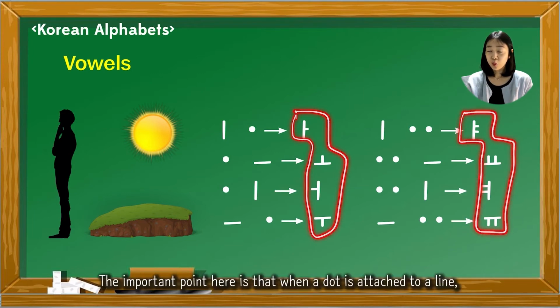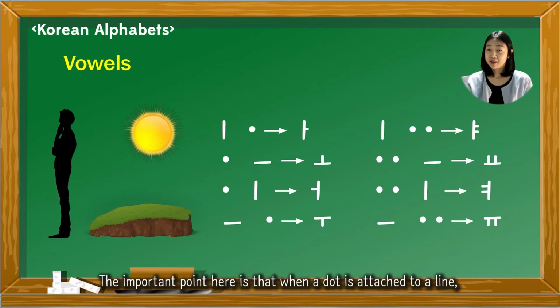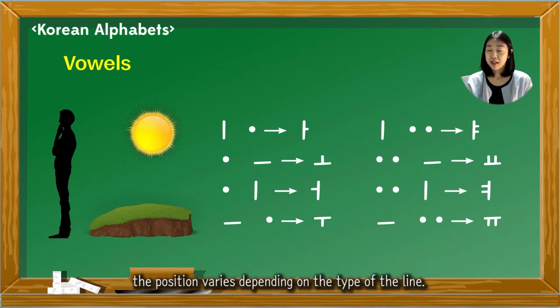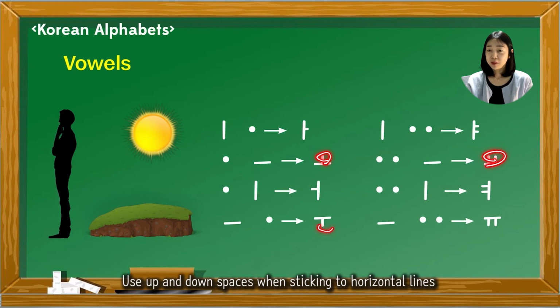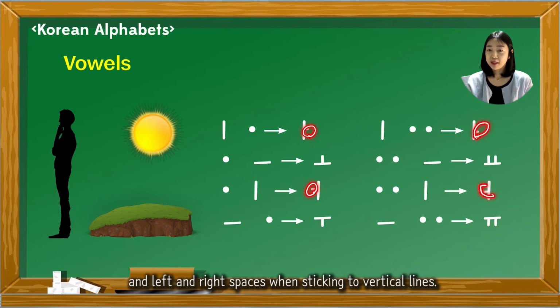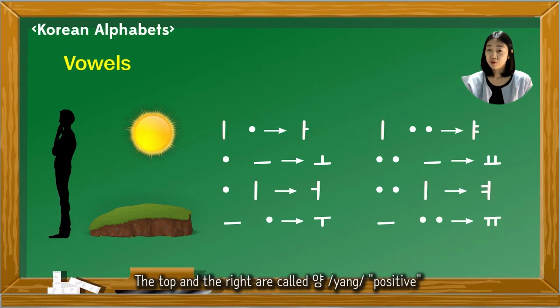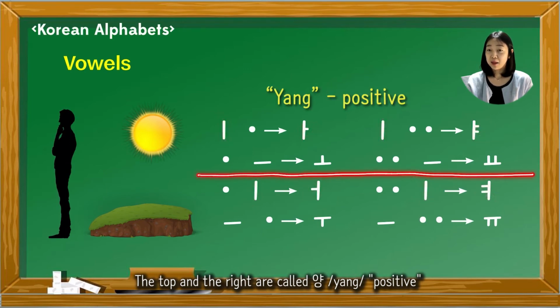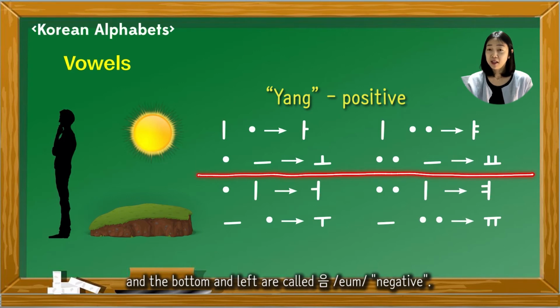The important point here is that when a dot is attached to a line, the position varies depending on the type of the line. You use up and down spaces when sticking to horizontal lines, and left and right spaces when sticking to vertical lines. The top and the right are called yang, positive, and the bottom and left are called negative.